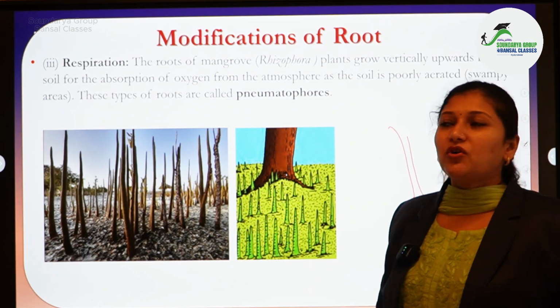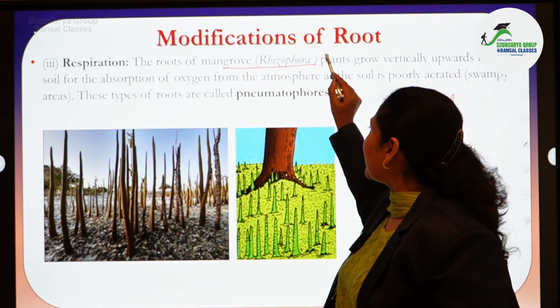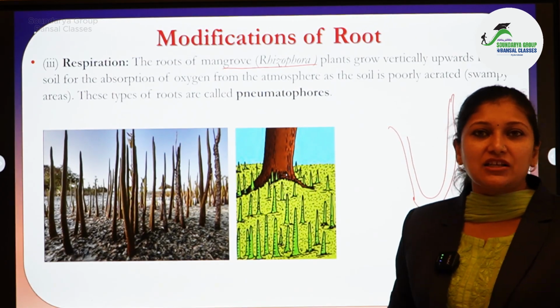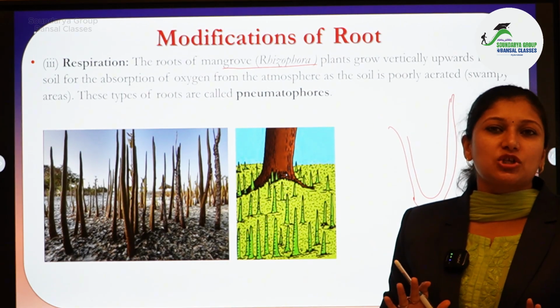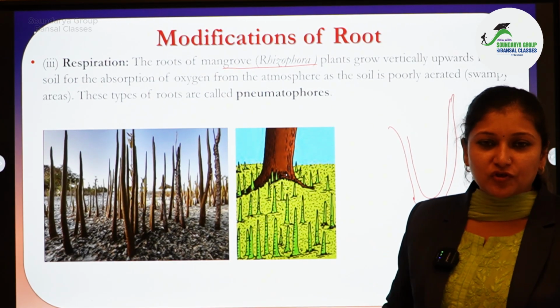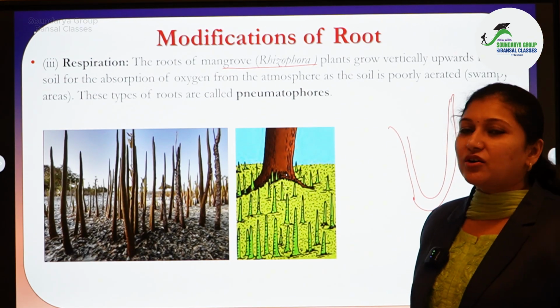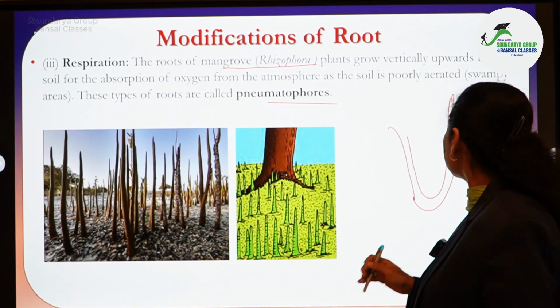So these are also known as breathing roots. This type of roots is present in mangroves or Rhizophora. There are swampy areas, and in that the soil is poorly aerated. There is not enough oxygen left in the soil for roots to breathe. That's why roots come vertically upward, and these type of roots are known as respiratory roots or pneumatophores.